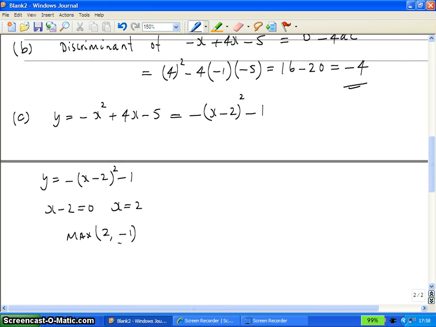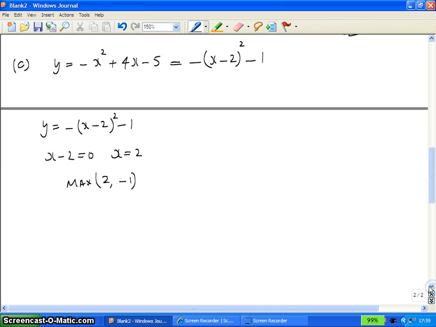So next is to sketch the graph, because we got the important information. We know the turning point of the graph, so that would enable us to sketch the graph very quickly. So if this is my y and this is my x, the graph is going to have a turning point at 2 for x.